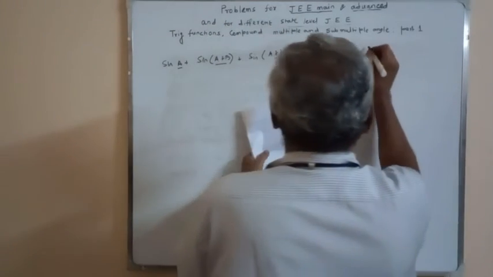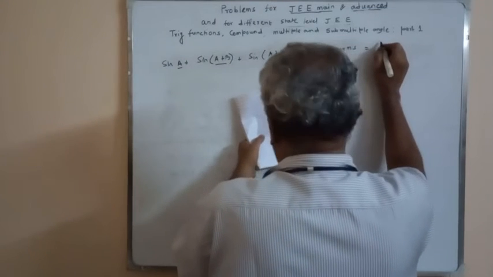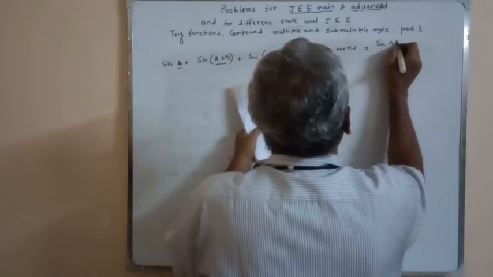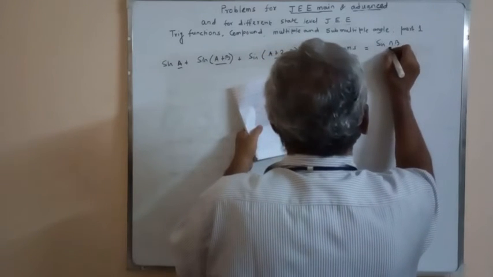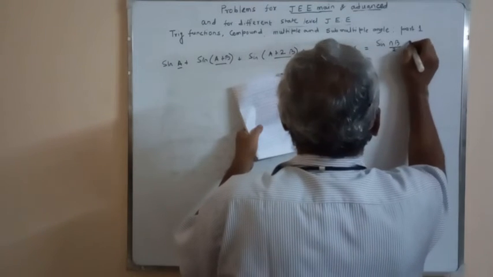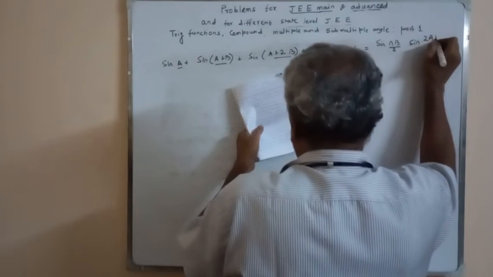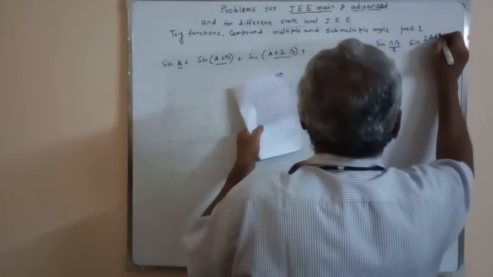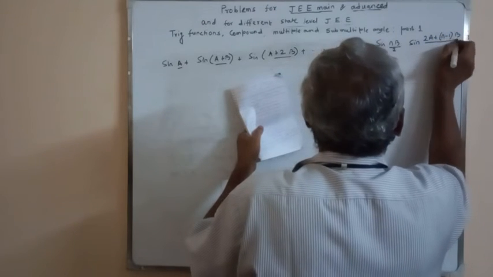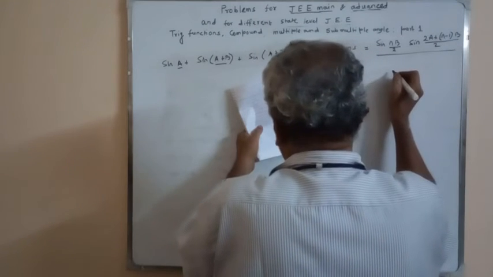Its formula is sine nB by 2 into sine of 2A plus n minus 1 B by 2 whole divided by sine B by 2.